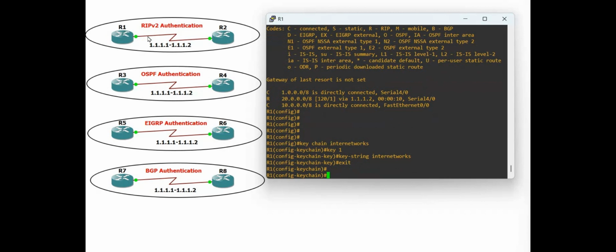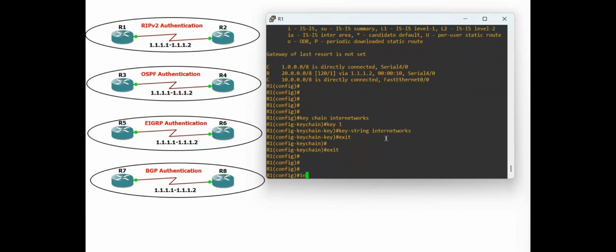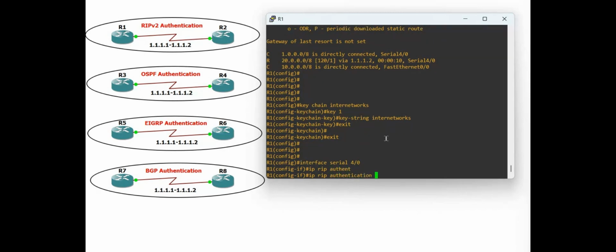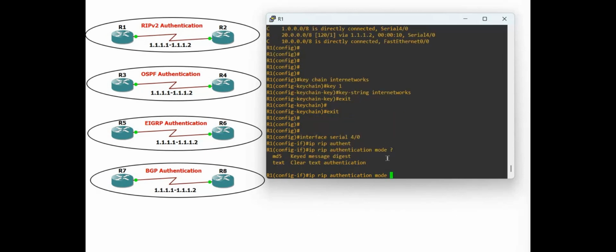Now we have to apply this on the interface. The interface is serial 0, exit. Interface serial 0 and RIP authentication, and here you choose the mode, MD5 or clear text.